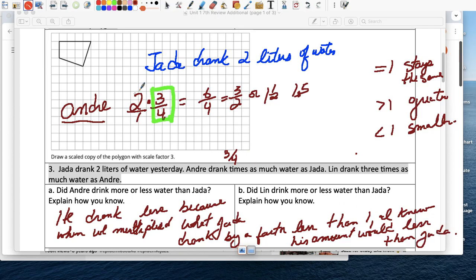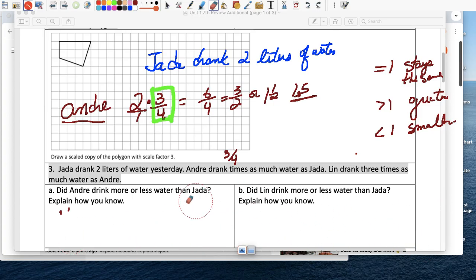So 2 times 3/4, is it going to be greater than 2, equal to 2, or less than 2? In this case, because 3/4 is a number less than 1, it ended up being 1.5.